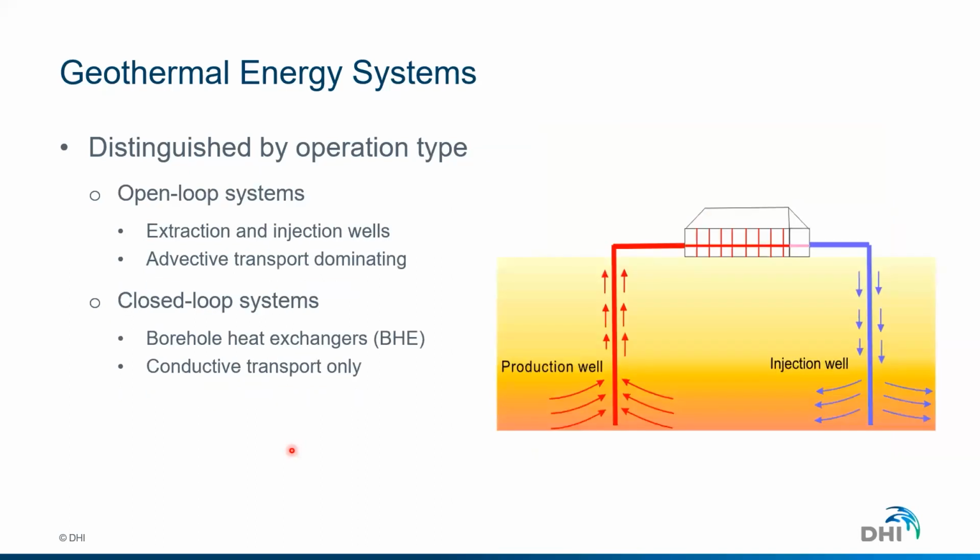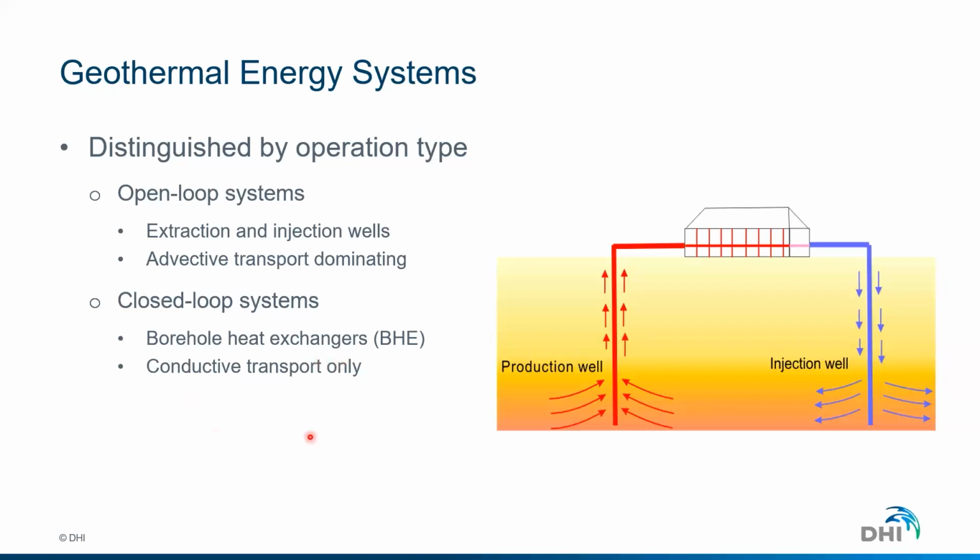We can also distinguish the geothermal systems by operation type, and this is also something supported by FEFLOW. So we have the possibility to introduce open loop systems where you have a production and injection well. You can have a number of wells doing these operations. And we also have implementation of closed loop systems using a special boundary condition which we call the borehole heat exchanger.